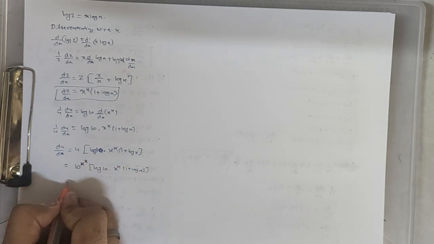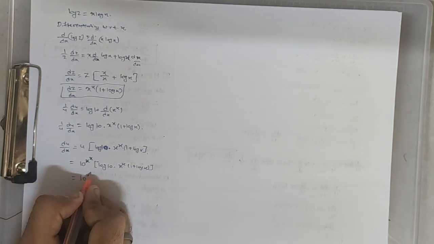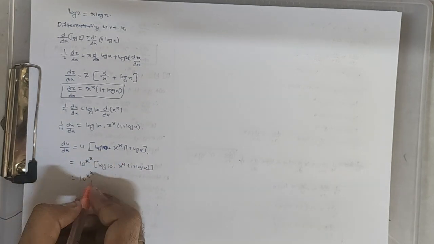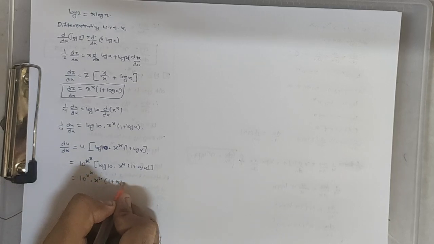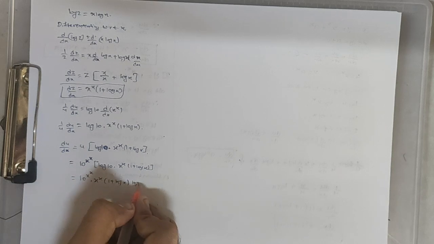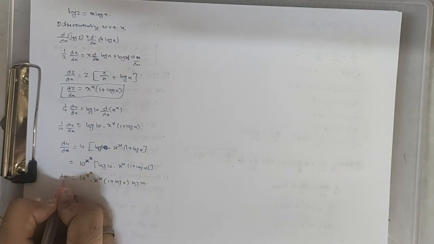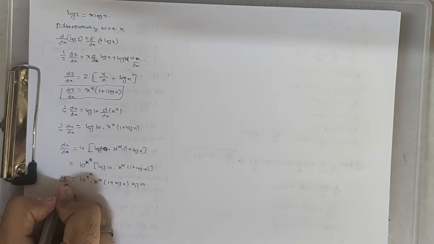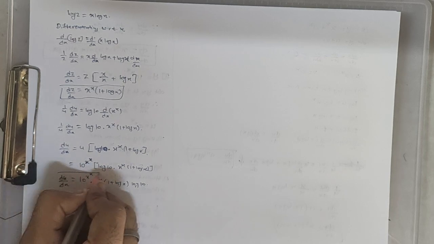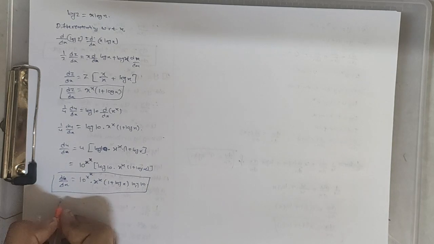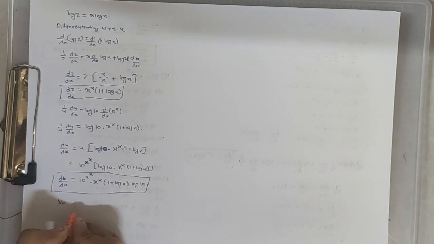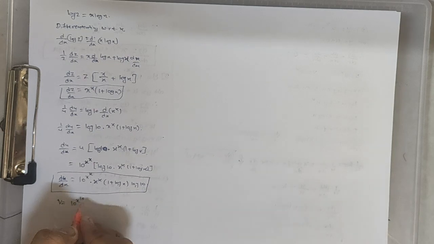So we can write it as 10 raised to x to the power x into x raised to x, 1 plus log x, into log 10. This is our du by dx. Now we have to differentiate v, which we have considered as 10 raised to x raised to 10.